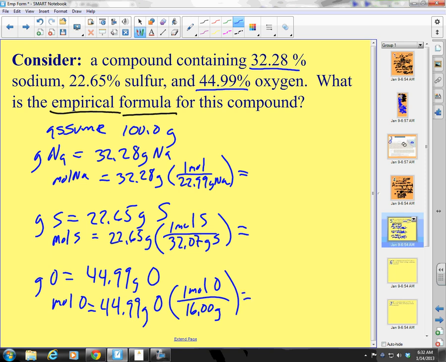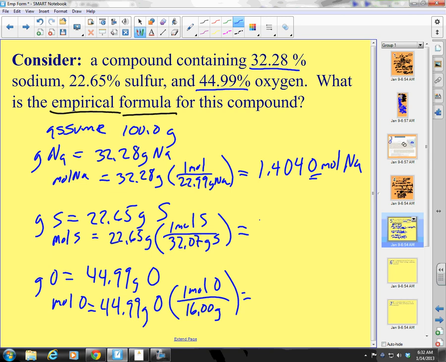Let's do the numbers. 32.28 divided by 22.99. And what do I get? I get 1.4040 moles of sodium. I'm going to carry that through. Okay, 22.65 divided by 32.07.